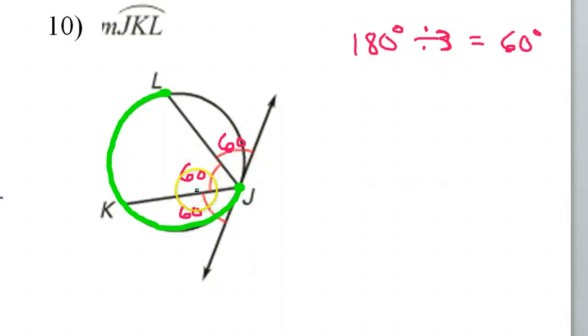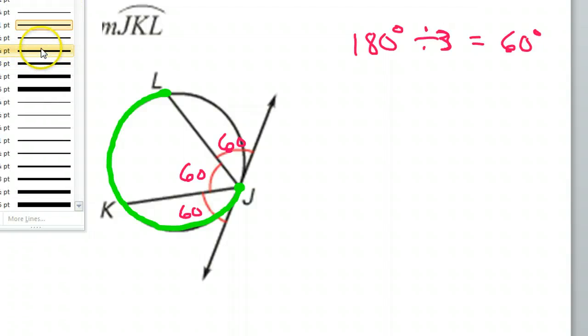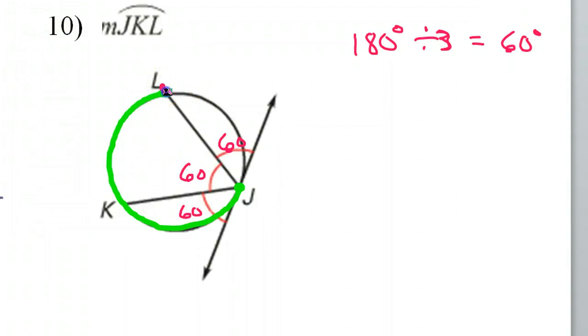Now, focus on the green arc though. The green arc is the arc that is intercepted by this angle right here. So remember the relationship between the angle and the arc.